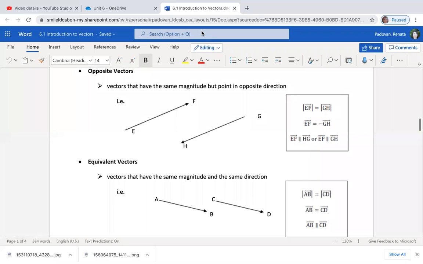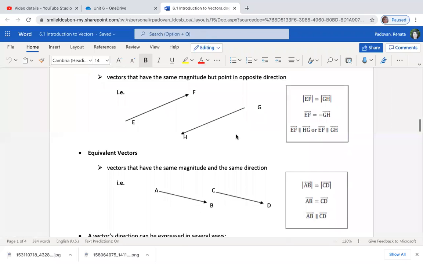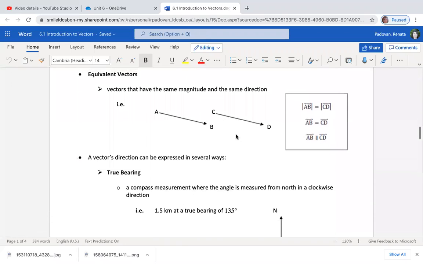And moving on to the last one, equivalent is maybe what you would think, kind of like exactly the same, right? So vectors that have the same length, the same magnitude, and the same direction as well. Everything is exactly the same, and they're also parallel to each other in order to be equivalent, which it says here.